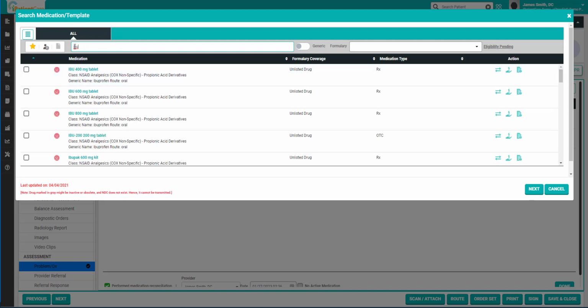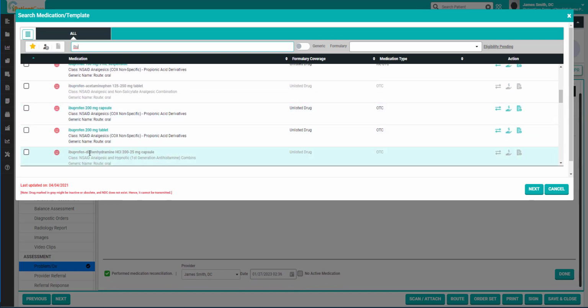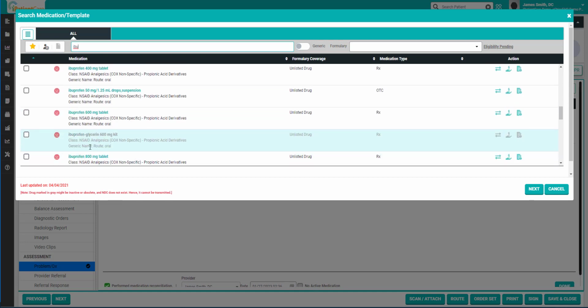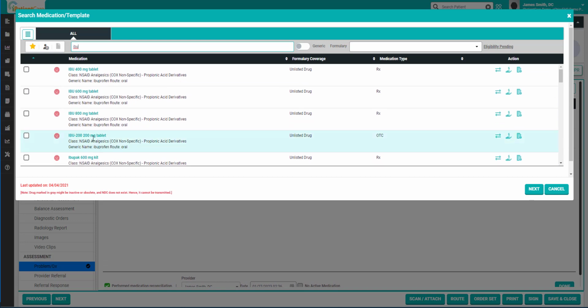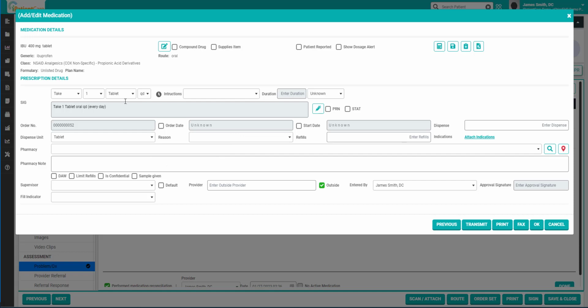And you'll see there, just by simply typing in, it allows us the chance to go ahead and make the selection that is the most appropriate for the patient. And just select next. And that brings you into this particular window where you can complete even more information about the patient's medication details.